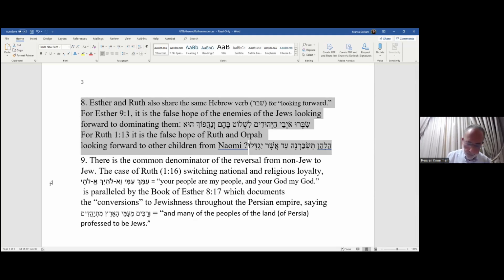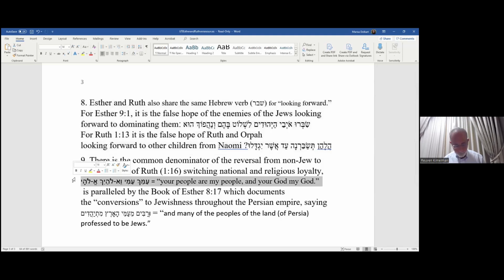For Ruth 1:13, it is the false hope of Ruth and Orpah, looking forward to other children from Naomi. "Hahen tisaberna ad asher yigdalu." So these rare verbs, looking forward, sin bet resh, which later on is spelled samech bet resh, both appear in the book of Esther and the book of Ruth.